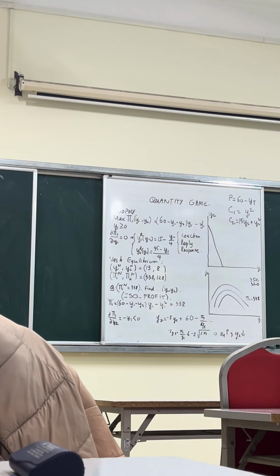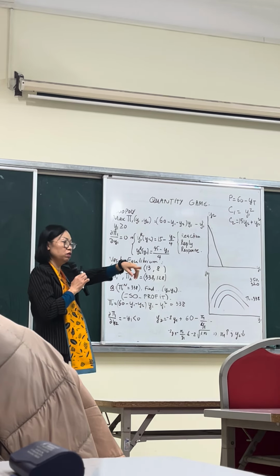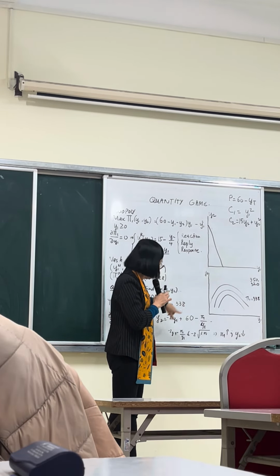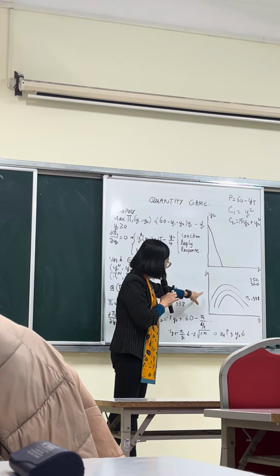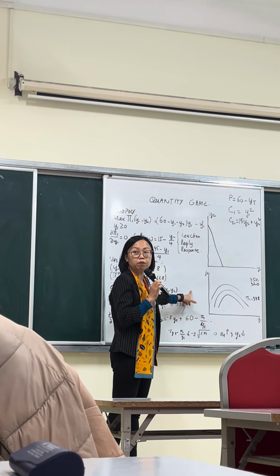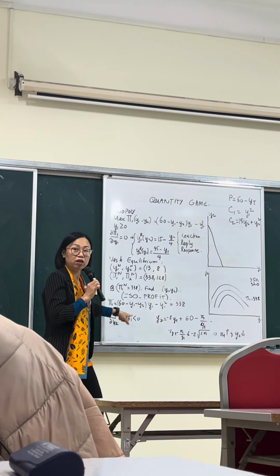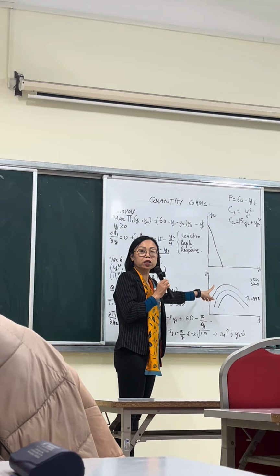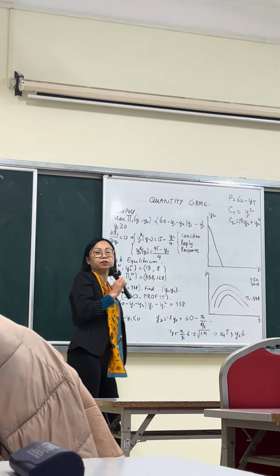Meaning that, somewhat similar to what Tim said, as we lower y2, we increase the profit of firm 1, pi 1. And vice versa. We increase y2, profit of firm 1 is lower.